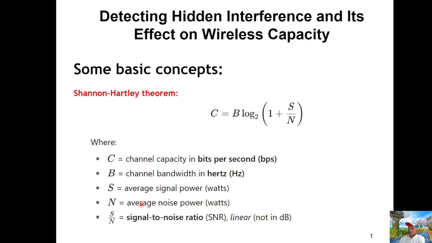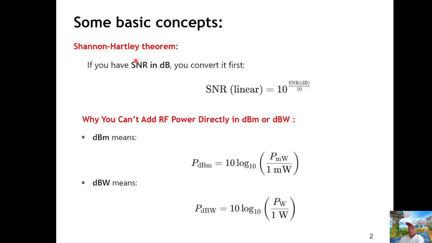Pay attention here. The signal to noise ratio is not in dB. It should be linear. So if it's in dB, we need to convert it to a linear value, as shown in the next slide. If you have a signal to noise ratio in dB, you convert it first to a linear value. This is quite simple.